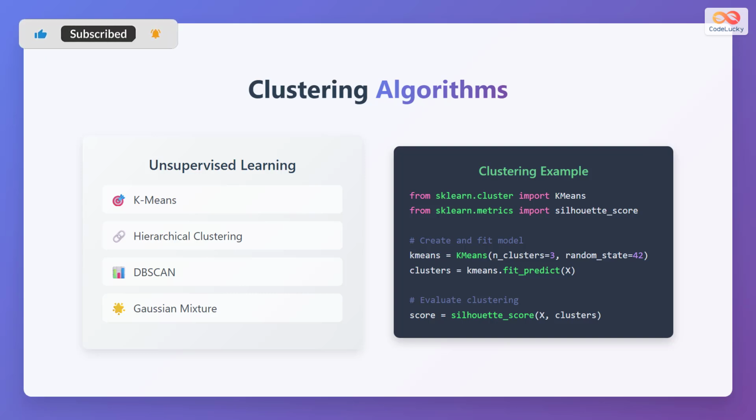DBSCAN identifies clusters of varying shapes and sizes while automatically detecting outliers as noise points. Gaussian mixture models assume data comes from a mixture of Gaussian distributions and can handle overlapping clusters. The example shows creating a K-means model with 3 clusters, fitting and predicting cluster assignments in one step, and evaluating clustering quality using the silhouette score.